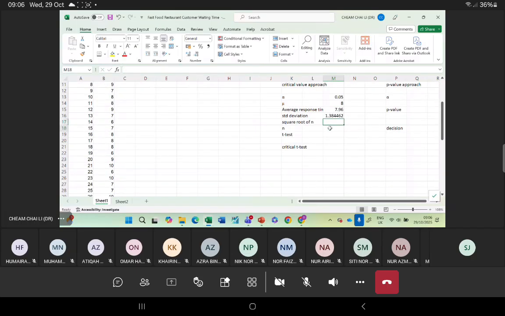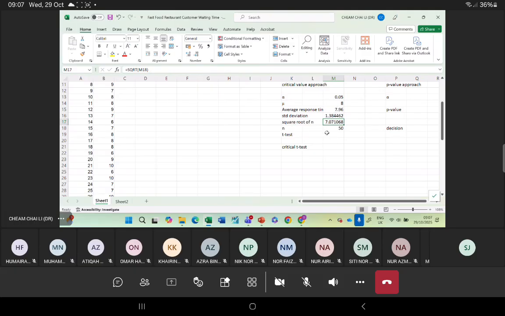And then N is 50, right? Just now N was 50, right? So now you need to square root the N here, SQRT. So you get 7.70. Okay? Everyone got this, right?